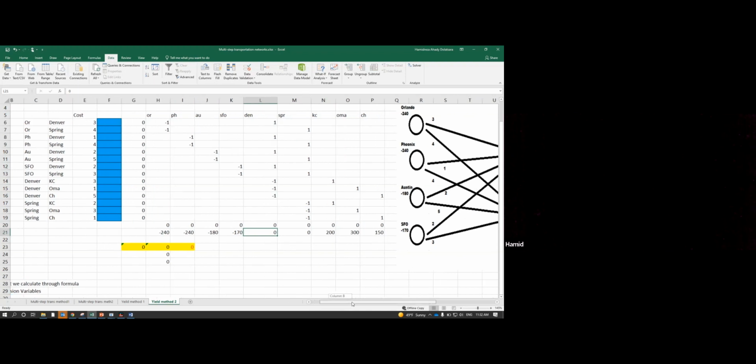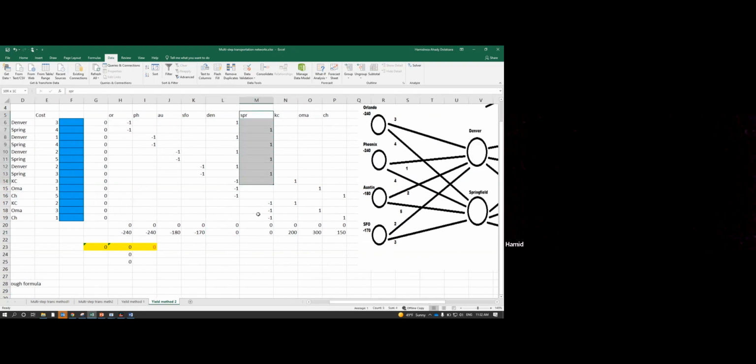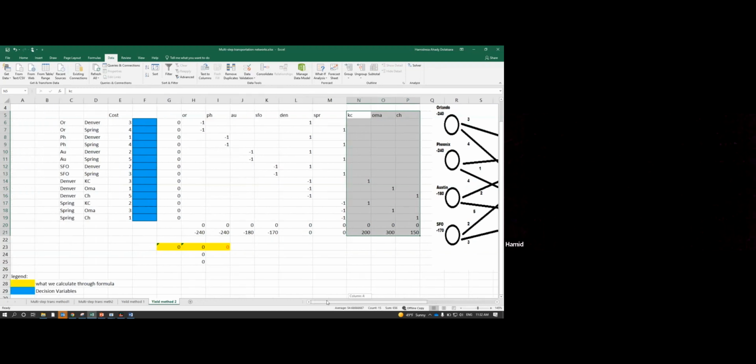I think you got the logic for the next warehouse and also our supply points. This one refers to inward flow from different warehouses, which are in Denver and Springfield. And here we just sum the flow and then relate it with the next line, which is the demand at different destinations.